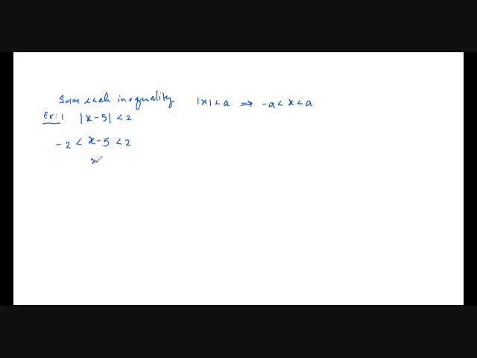So x minus 5 plus 5, because we want to eliminate negative 5, and on the right side 2 plus 5, and on the left side negative 2 plus 5.